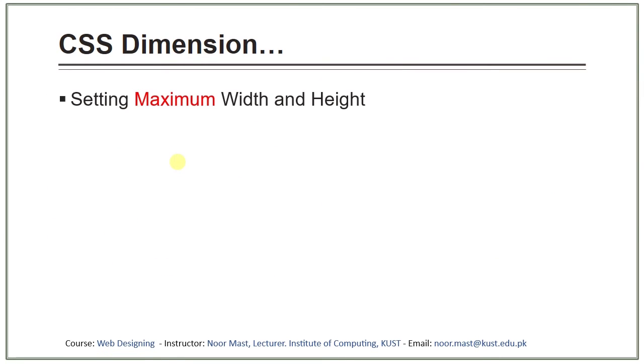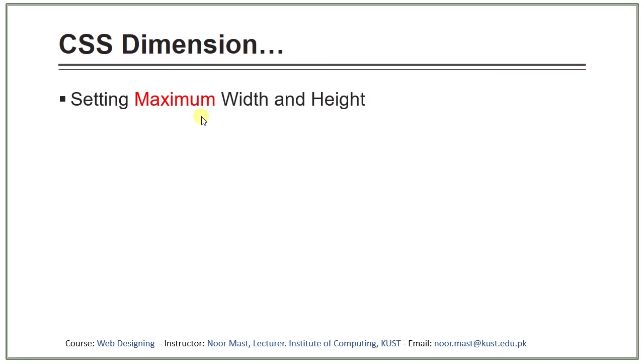Setting maximum width and height. When you specify the maximum width and maximum height properties to set the contents area, then an element cannot be wider than the maximum width value even if the width property value is set to a greater value.